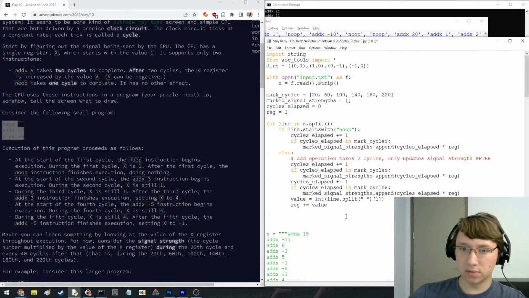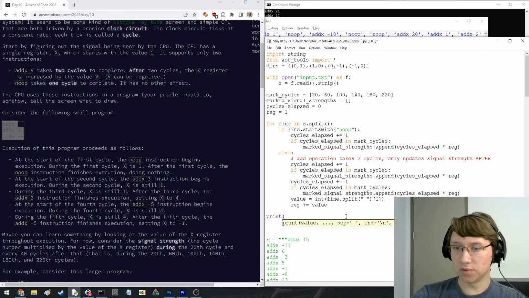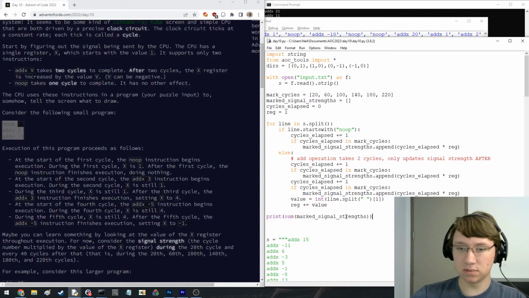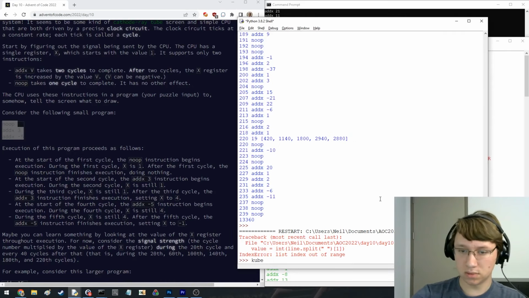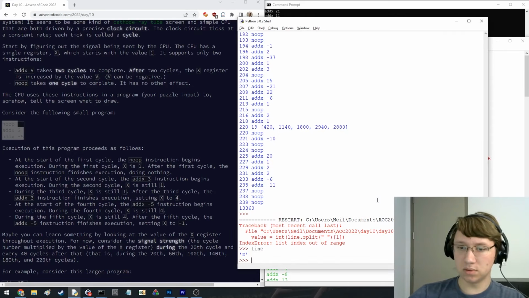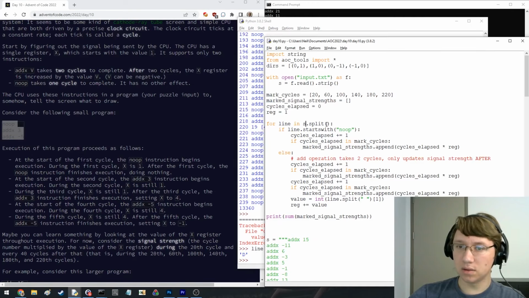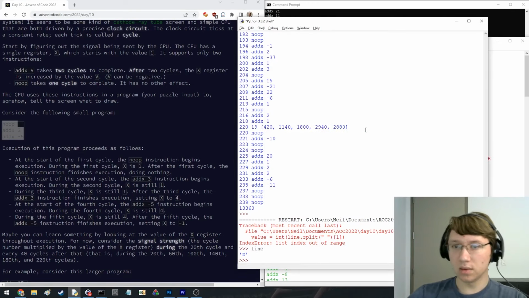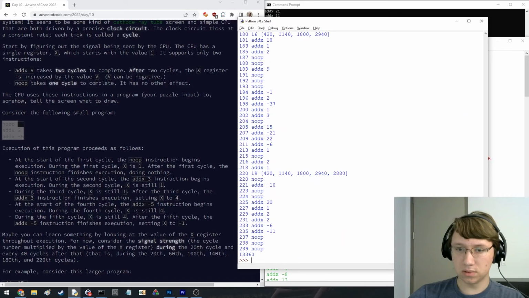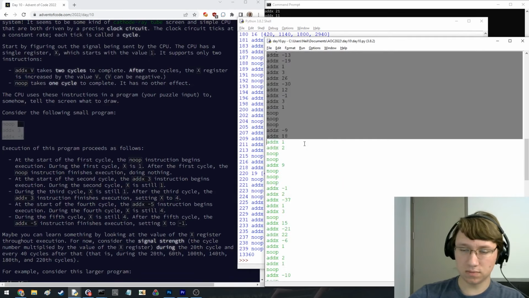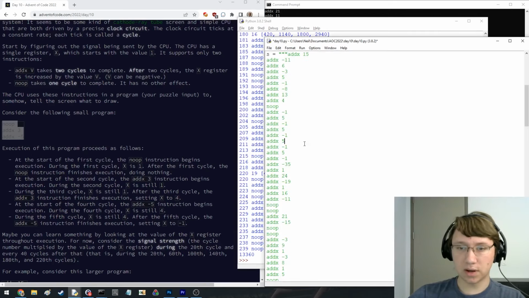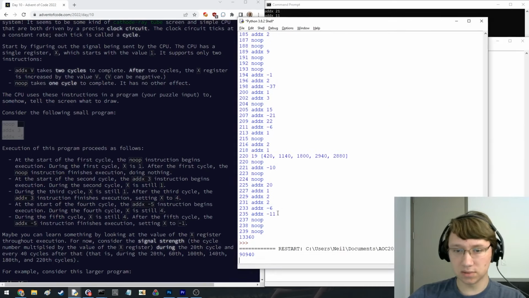Seems reasonable. And then finally, we're just going to print some marked signal strengths. Let's see. And I am, for now, not going to care about any of this.